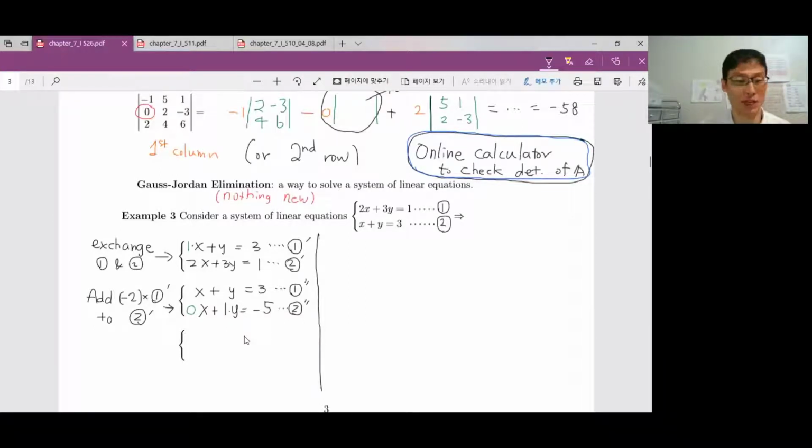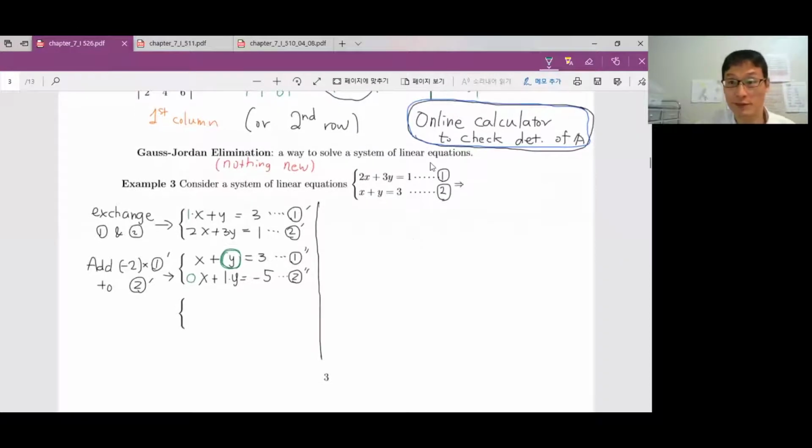So you can plug that into first equation to find x, or equivalently, you can get rid of this y in the first equation. You can eliminate this y. How do we eliminate this? You can take -1 times second equation, add this to first equation.